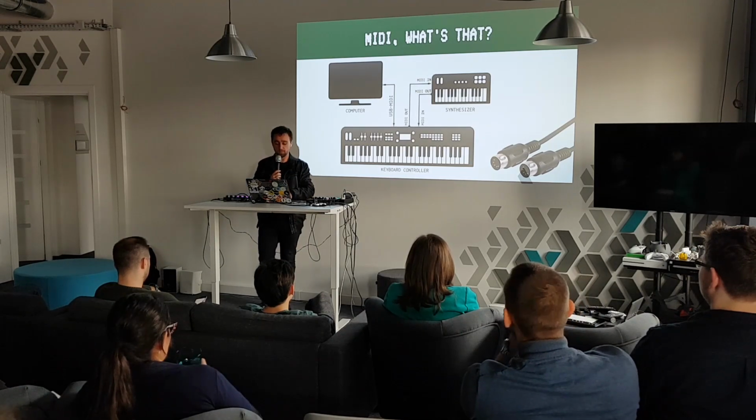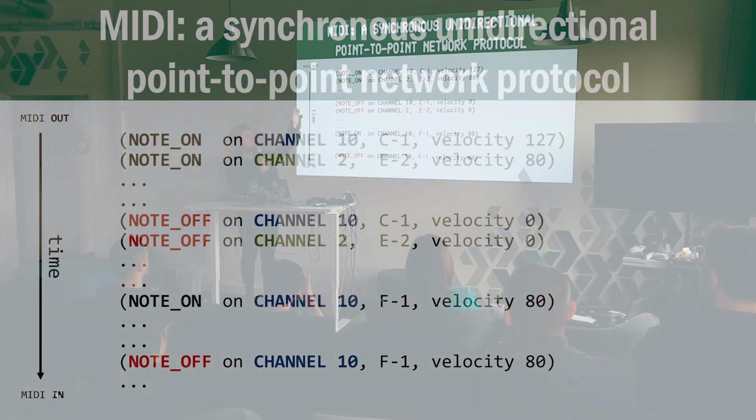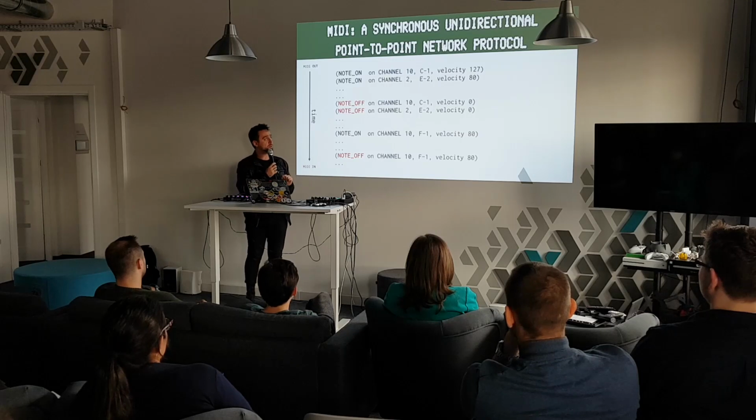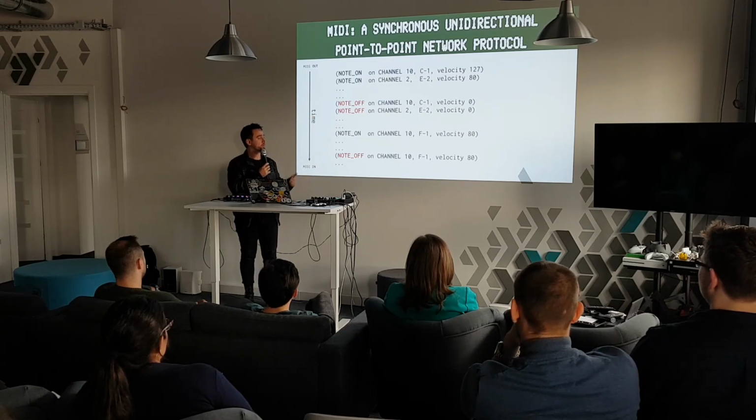And what is that protocol? That protocol is actually endearingly simple. It is just a stream of messages that tell you that, on a particular channel, you should start playing a note with a certain velocity, and after a while, you might want to stop playing it. And again, play a note and stop playing that note.